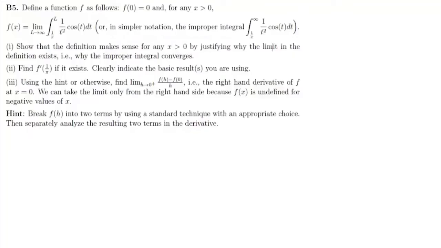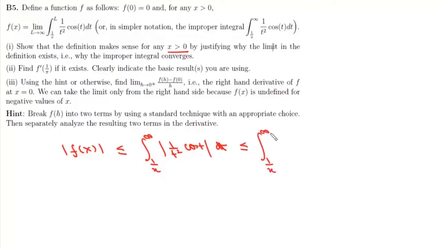Now in B5, we are given this function which is defined as this improper integral from 1 upon x to infinity of 1 upon t square cos t dt. Now in the first part, for any x greater than 0, we need to show why this improper integral converges. Now we look for absolute convergence, then we can write mod f(x) will be less than or equal to this integral from 1 by x to infinity of mod of (1 upon t square) cos t dt, and mod cos t is less than or equal to 1, so it will be less than or equal to this integral from 1 by x to infinity of 1 upon t square dt.